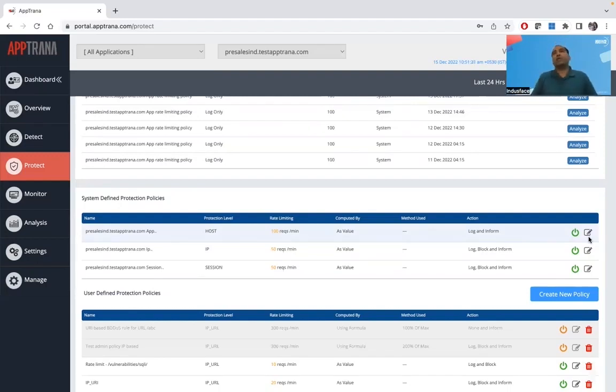And again, in all these cases, it is behavior based, where we tell you the behavior of the site, and then we create policies around the behavior of the site instead of asking for static rate limits.